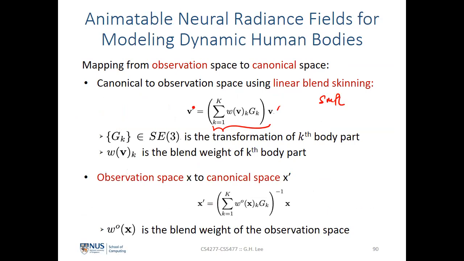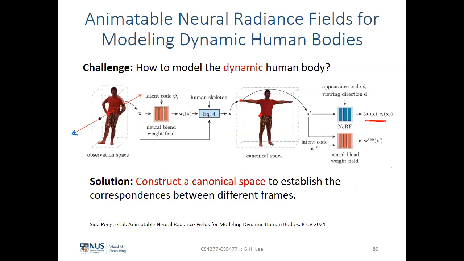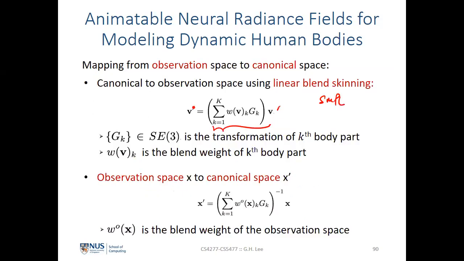But SMPL has the problem that it is actually a model of the human with minimal clothing. If you want to model the human, you also want to model the clothing, but the clothing is a deviation from the minimal clothing human model. This is where what we want to learn here helps to encode the deviation from the SMPL model.